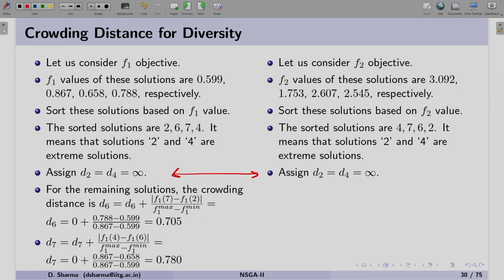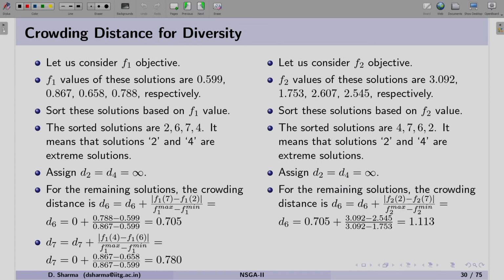Since it is a 2 objective problem, the same solutions are the extreme solutions, but it is not true for a higher number of objectives.